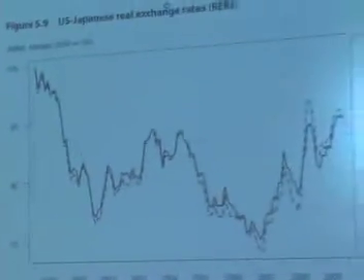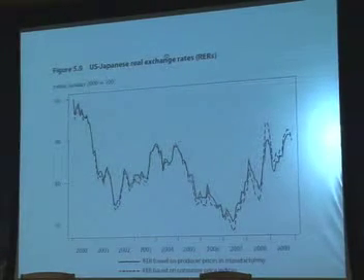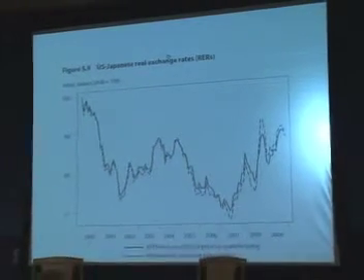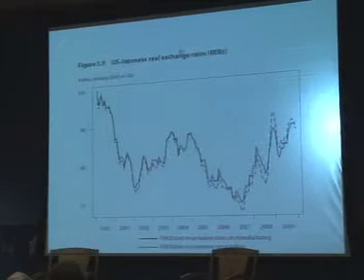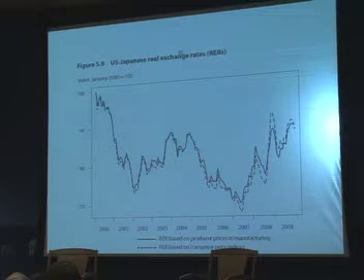What I show here, and this is true for many other countries too, is the real exchange rate between the US and Japan based on producer prices in manufacturing, that's automobiles and computers, etc. The solid line is that real exchange rate. This is a highly tradable good. Between the US and Japan, barriers are very low, transportation costs are relatively low, there are no taxes implied, there are no retail margins here, nothing non-tradable in this basket.